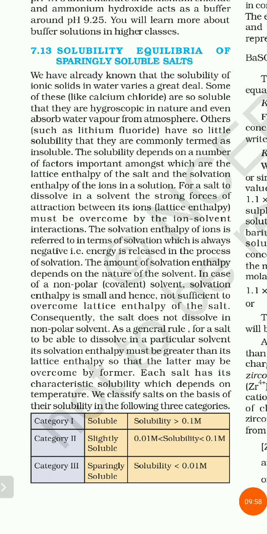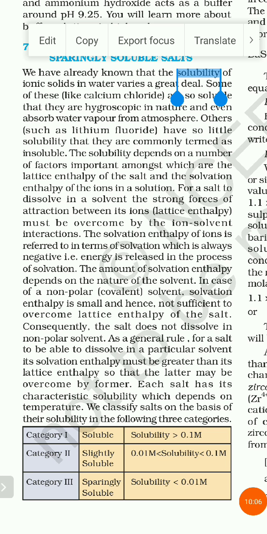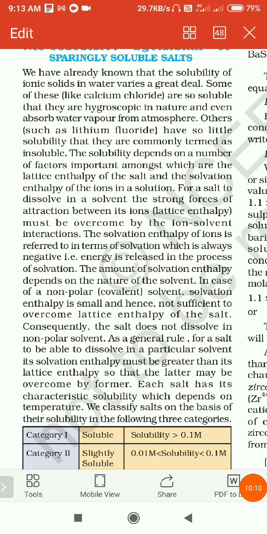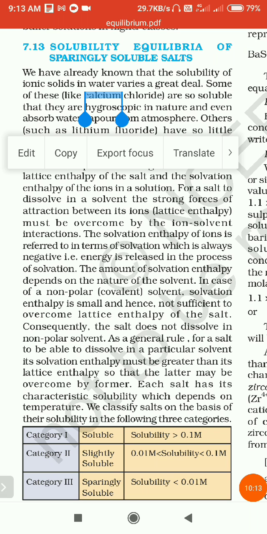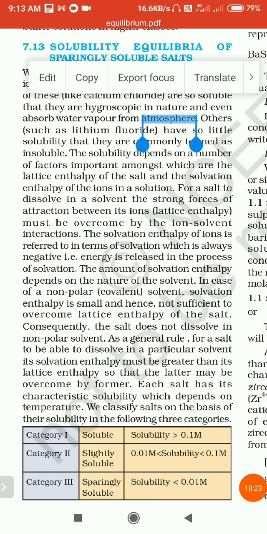Just see here. The solubility of ionic solids in water varies a great deal. Some of these, like calcium chloride, are so soluble that they are hygroscopic in nature and even absorb water vapor from the atmosphere.